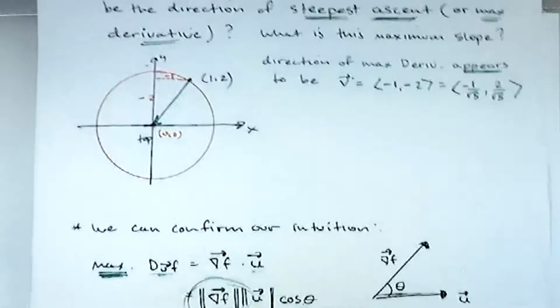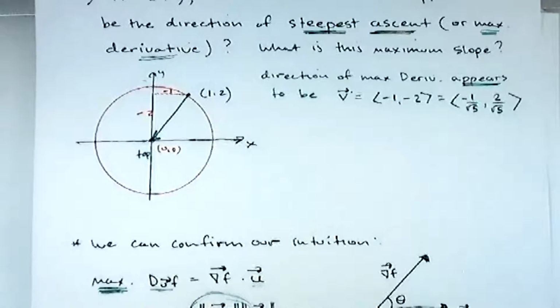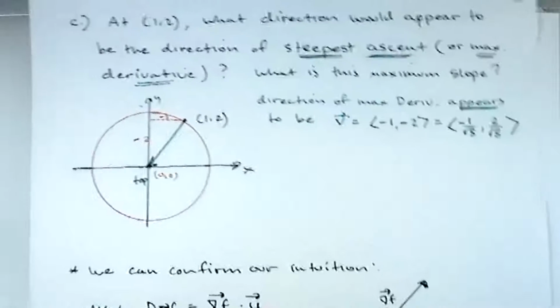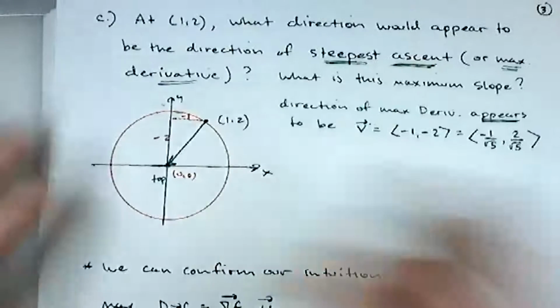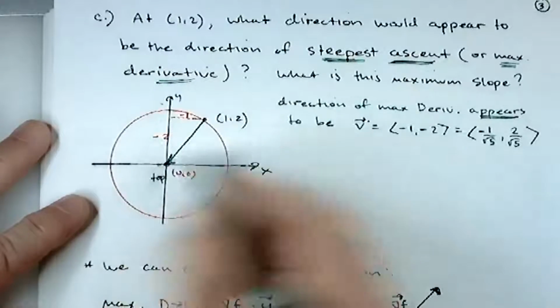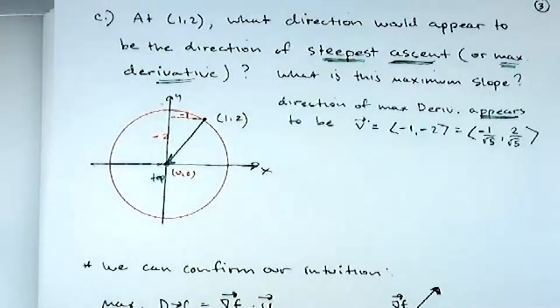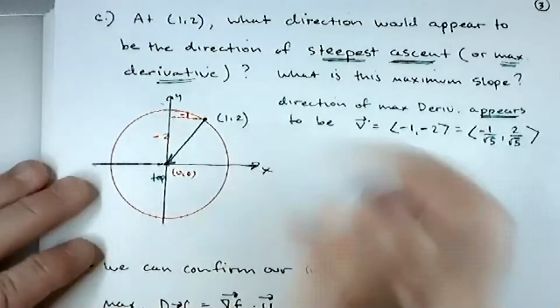So let's go back up here and check our intuition. Because what we now know, we were guessing that this would have been the direction of steepest ascent, but now we know, maybe a different color here. Let's try purple.